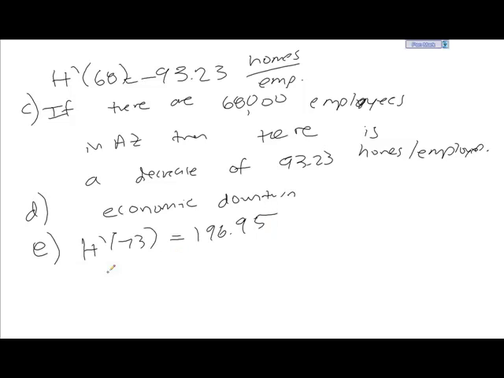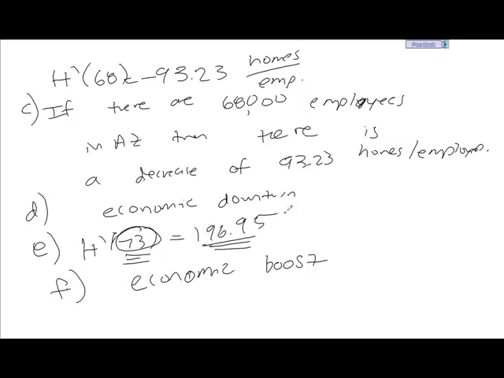So maybe when we started experiencing this many employees, we were starting to have an economic boost, and so more homes were being sold. And so the rate of growth of home sales was increasing for each additional employee hired.